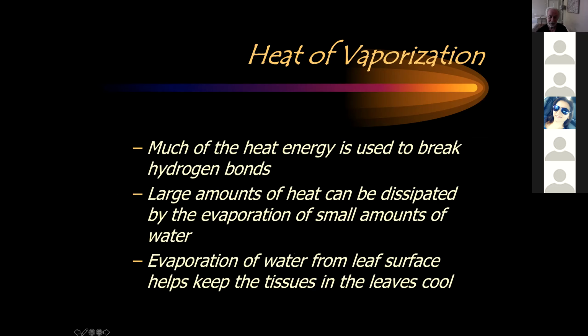And remember, leaves are out there in direct sunlight, and so they're being subjected to a lot of heat. And if they were not able to keep cool by means of evaporation, they'd shrivel up and wilt.